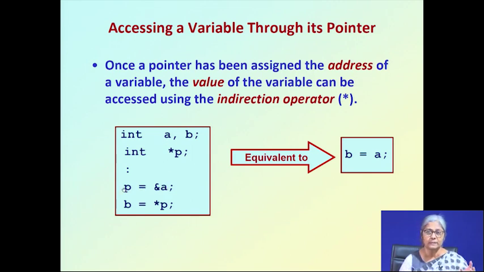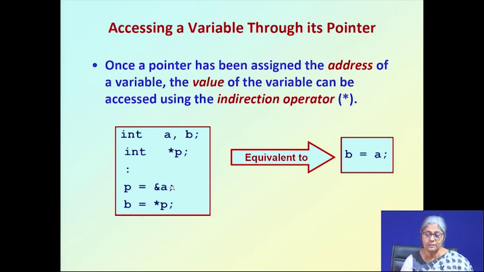That means if I get *p, the pointer has the same value as a. Now if I write b equal to *p, because *p has the same value as a, b has the same value. So it is equivalent to b equal to a.